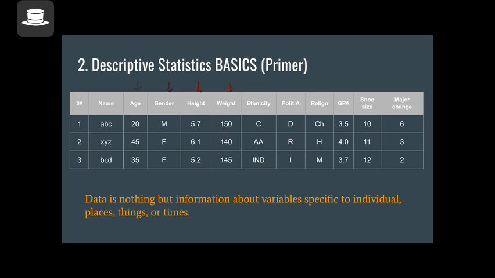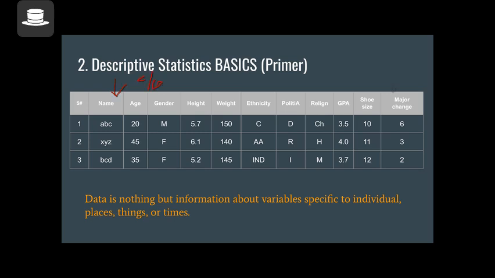Now, this distinction is very important because if you know what the column is that you're trying to summarize, and if you know whether it's a C or a Q, that will determine the kind of summaries you use to summarize these variables. Make sense?